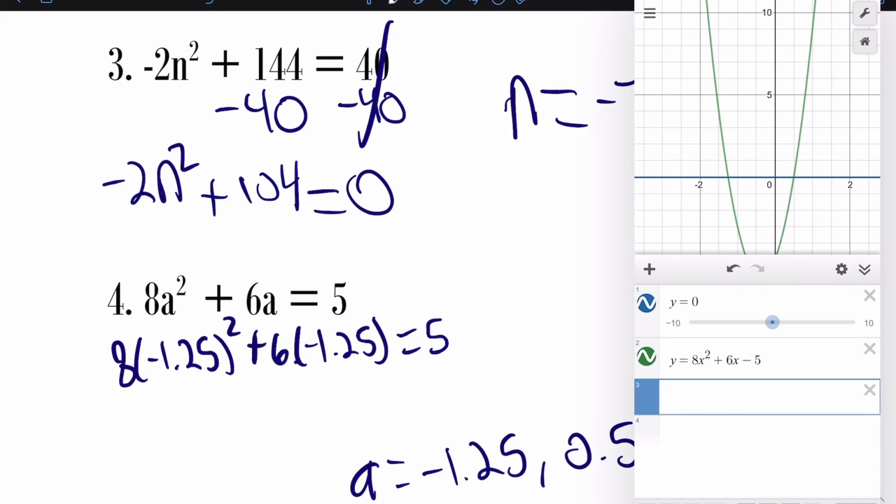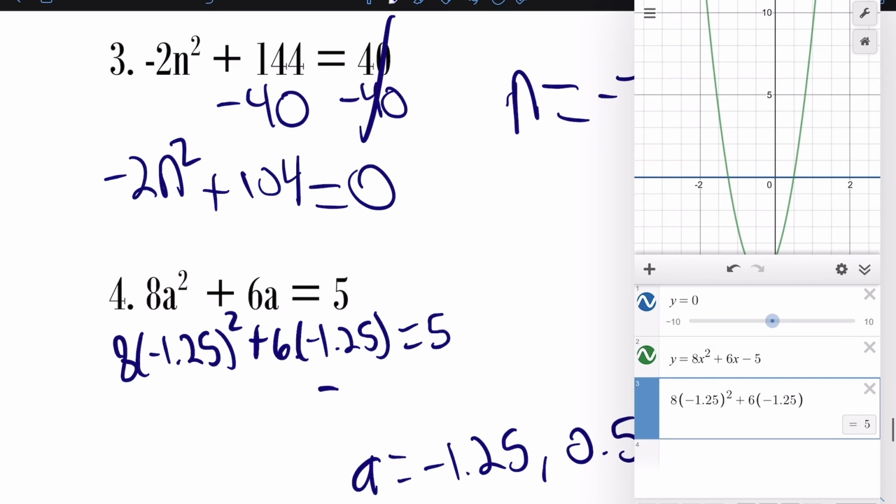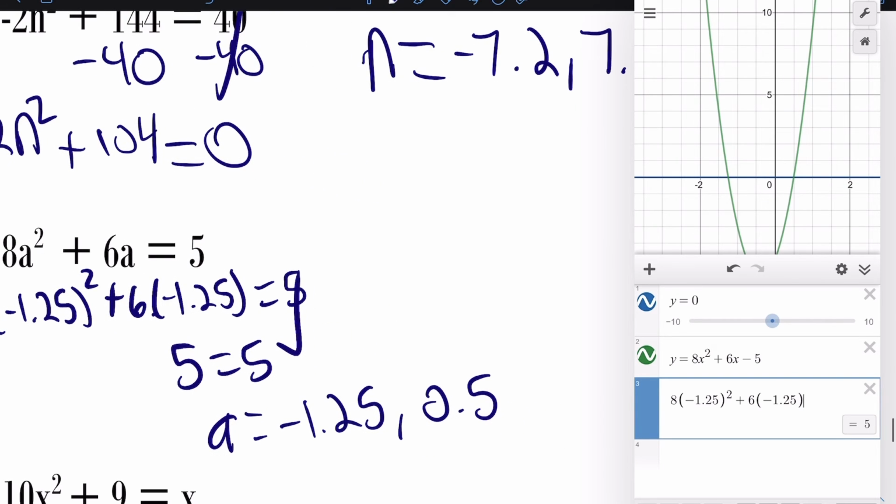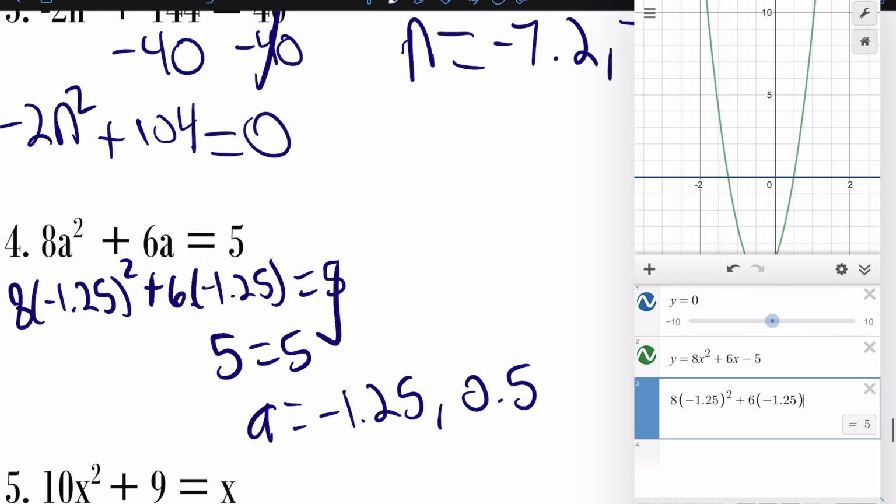Let's just open up a new equation right here and do 8 parentheses negative 1.25, close it, square it, plus 6 parentheses negative 1.25, close it, and we get that the answer for that is 5, which is exactly what we wanted. We got 5 on the left is equal to 5 on the right. It works. So I'm just going to go ahead and assume that if I plugged in the half, the second solution, that it would also work.